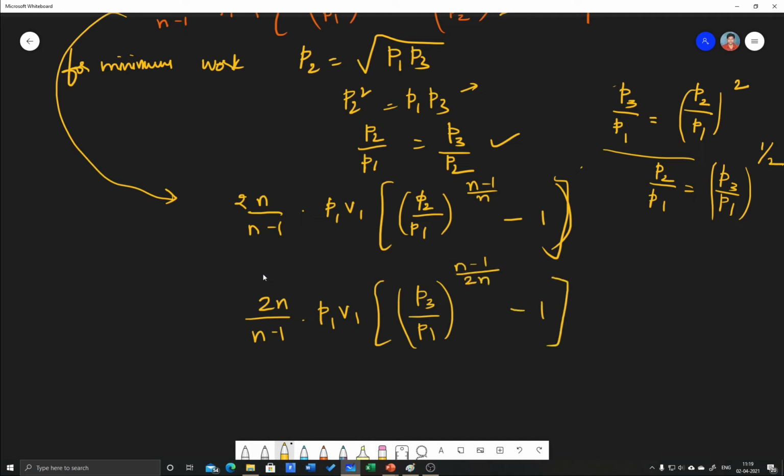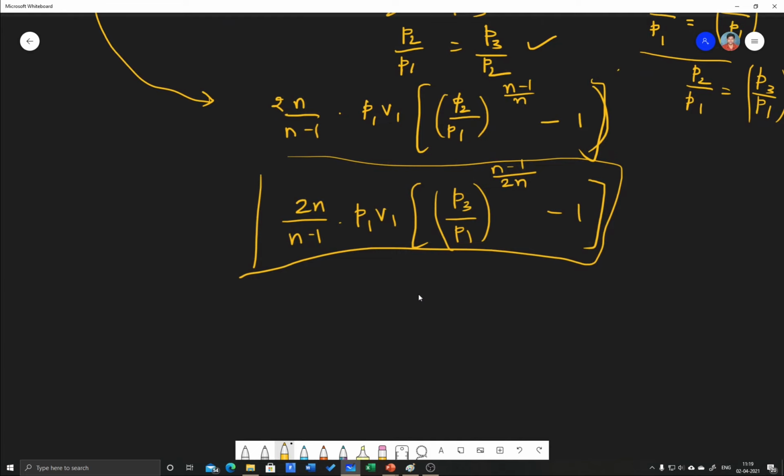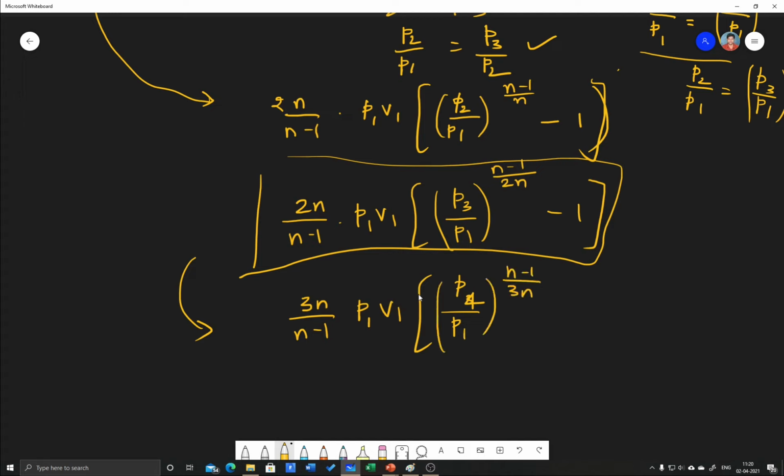Okay, this is the expression for minimum work for multi-stage compression. Suppose it is a 3-stage compression, it will become 3n by n minus 1 into P1 V1 into (P4 by P1) whole power n minus 1 by 3n.